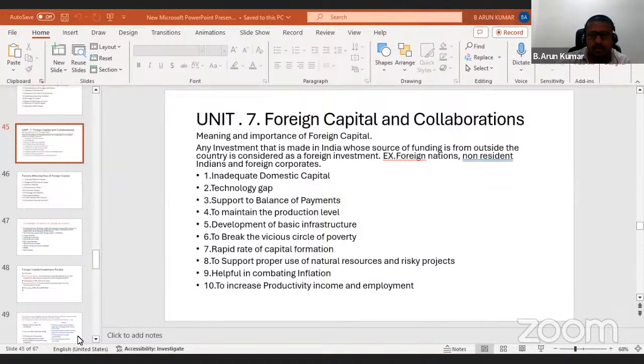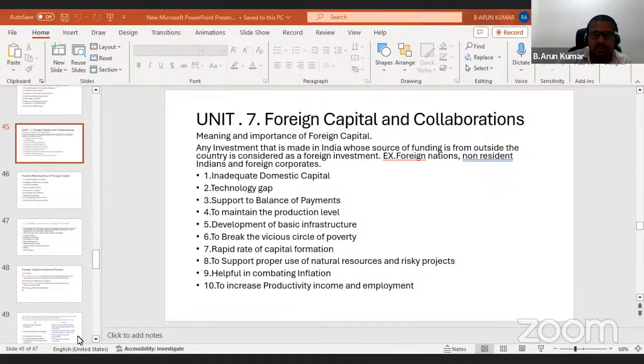Up to the 1990s, India did not have sufficient foreign currency. After the 90s, with the liberalization, globalization and privatization (LPG) process, we are accepting investments from foreign countries and foreign investors.